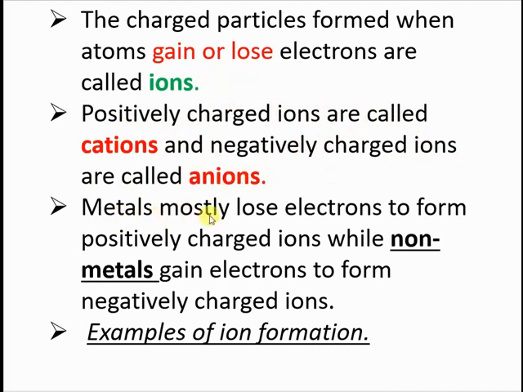Metals mostly lose electrons to form positively charged ions, while nonmetals gain electrons to form negatively charged ions.